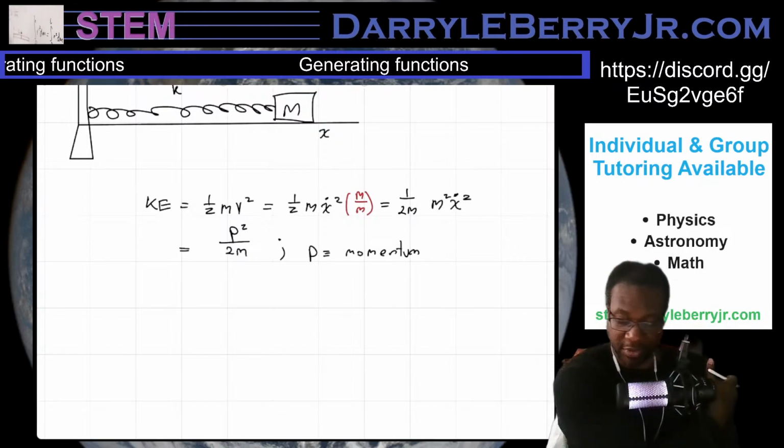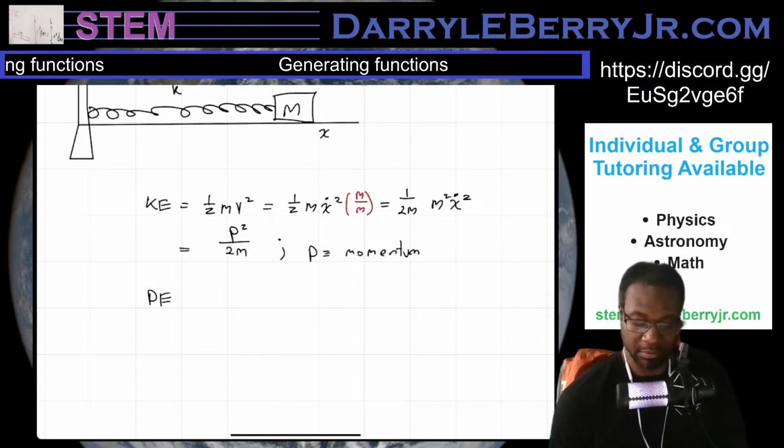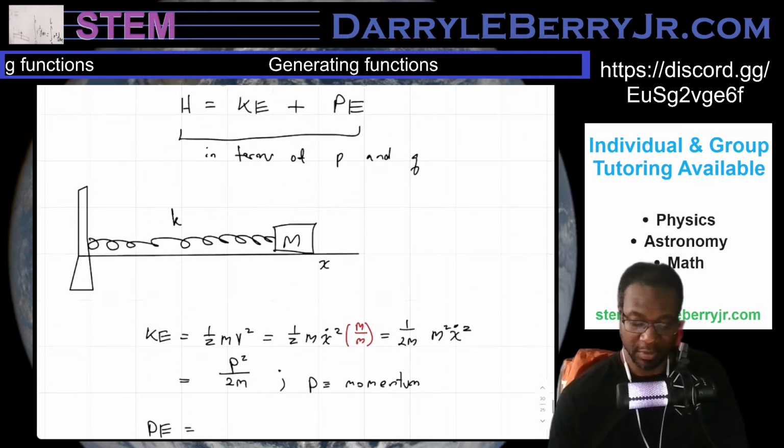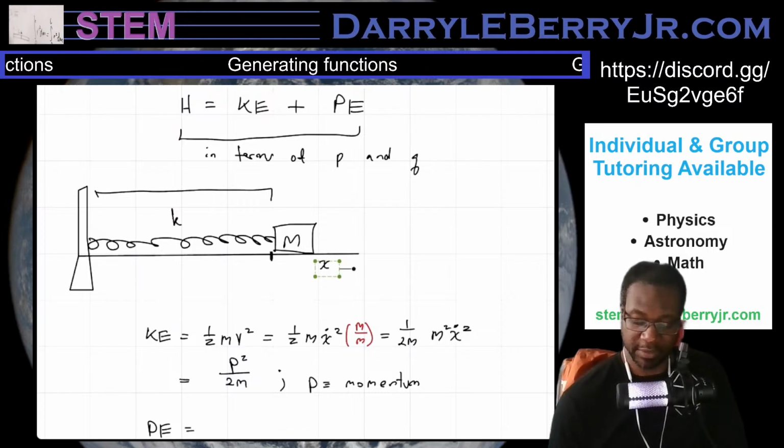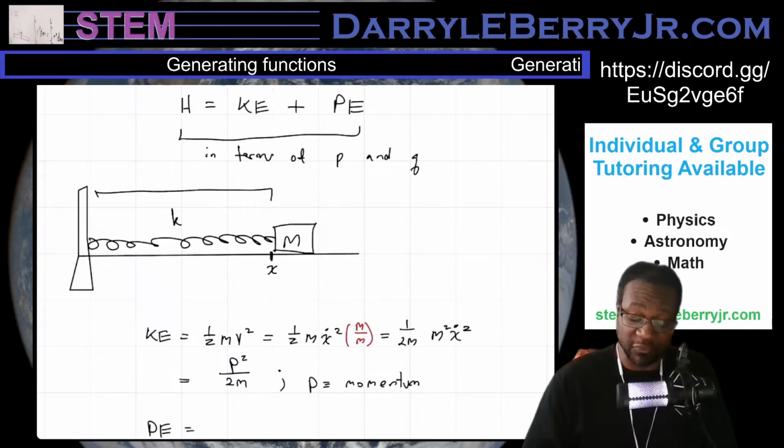So now I have my kinetic energy in terms of momentum, and the potential energy for a spring is going to be 1/2 the spring constant times the distance squared. So the spring potential is based upon the distance moved by the mass relative to the spring.